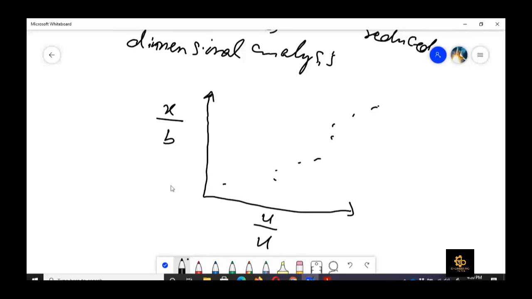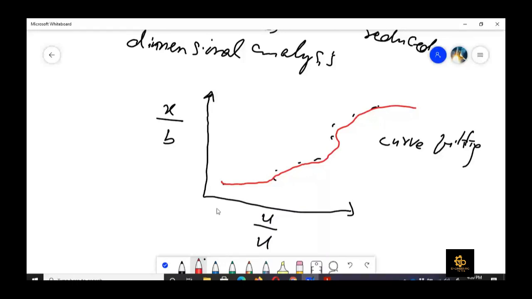So we need to do curve fitting. Once we do the curve fitting, we can see what the variation looks like, whether it is quadratic, exponential, Gaussian, or whatever distribution, so that we can come up with some empirical correlation.